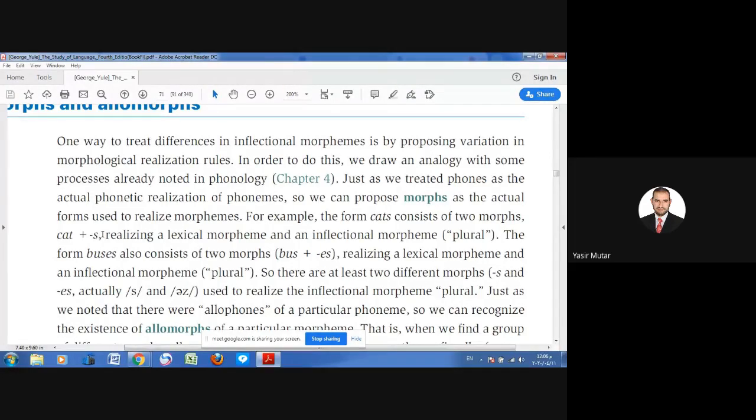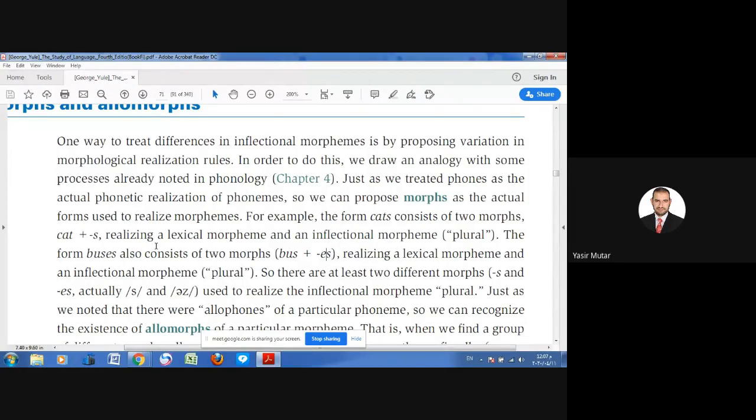But for example, with bus I have to add es instead of just s. So instead of saying s plural, I regard this addition as just the plural form.